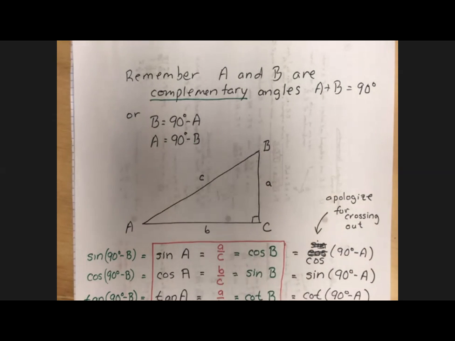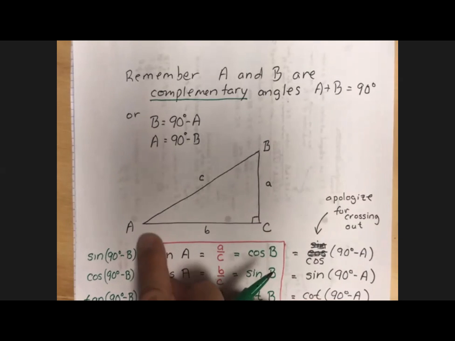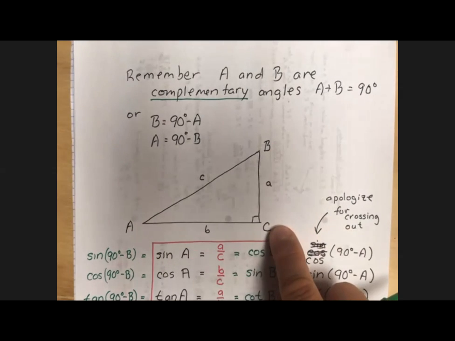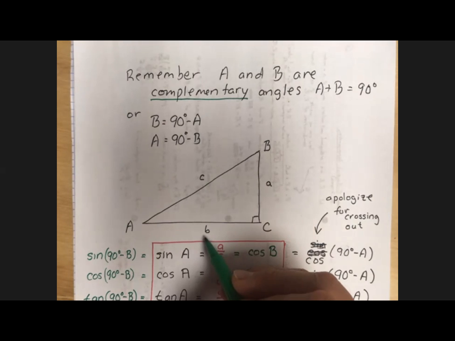Let me show you another thing that you're going to get used to when someone draws a right triangle. People commonly name the angles with capital letters. And they also commonly label the side lengths with lowercase letters.